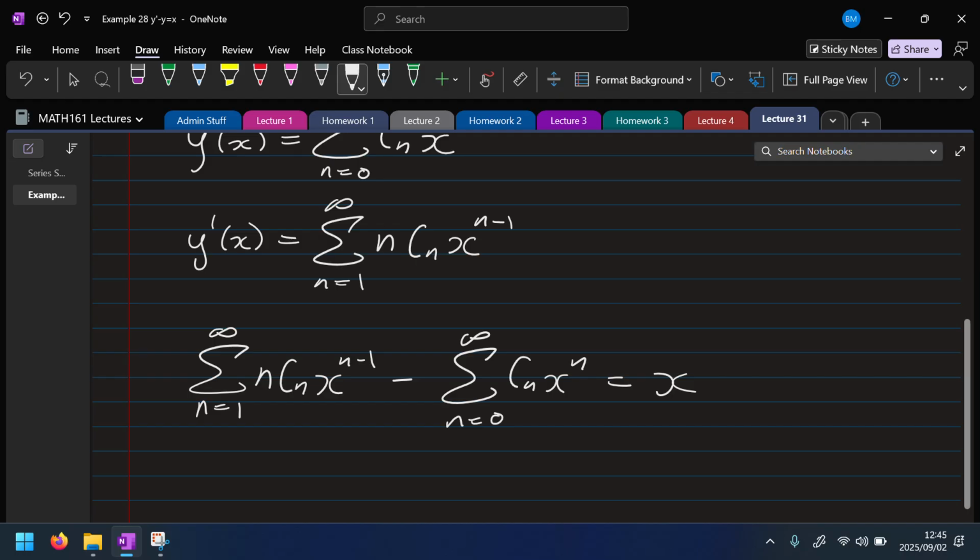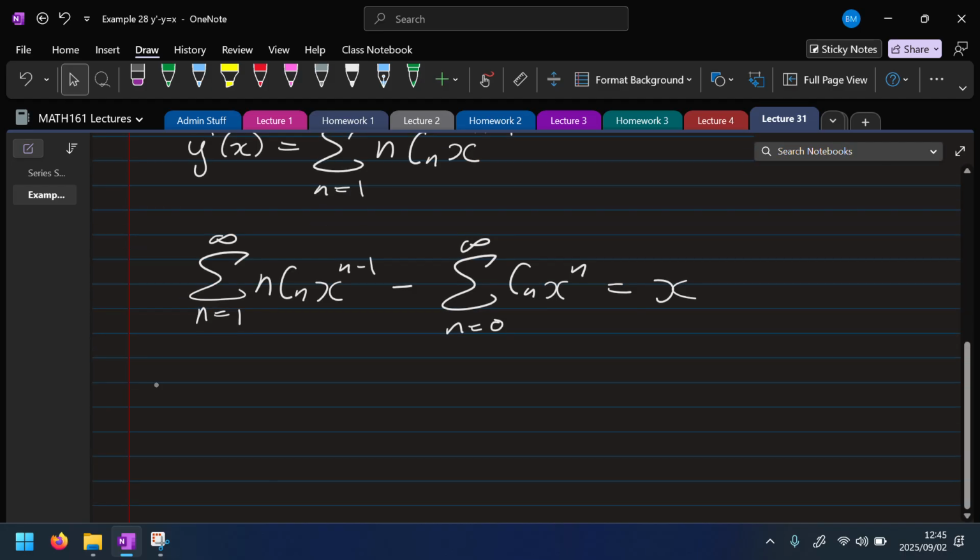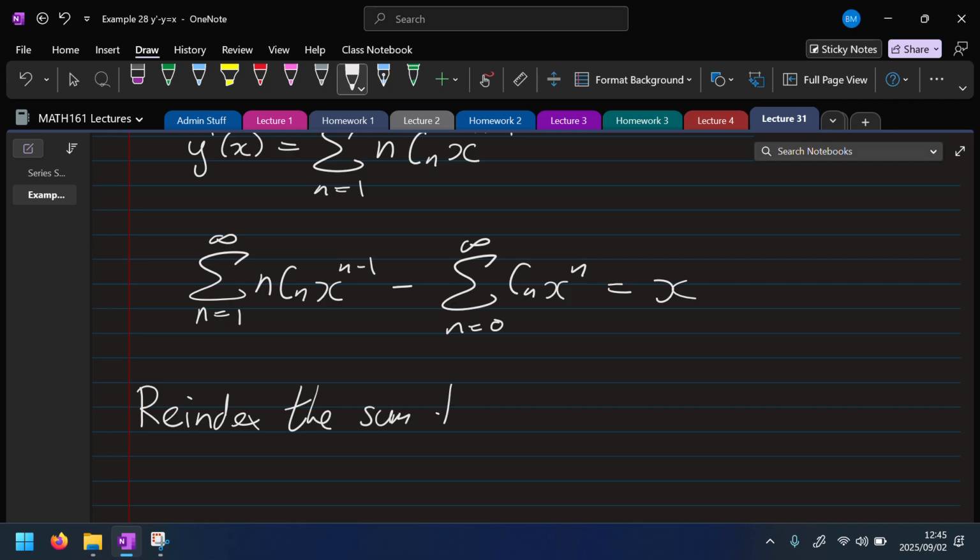Everyone clear with that? Now we're going to do the same trick as before. We do the re-indexing so that they have the same exponents. So re-index the sum to have matching exponents.